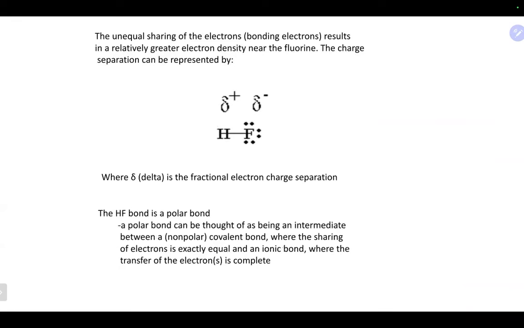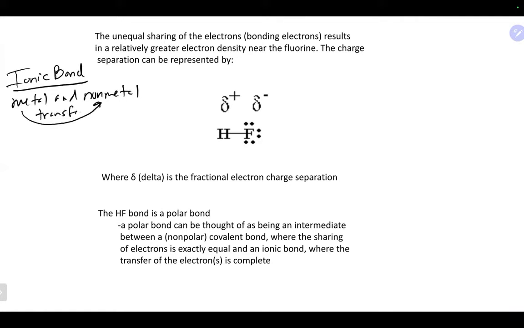So to summarize the three types of bonding that we talked about, on one end of the extreme, we have an ionic bond, which is between a metal and a non-metal. And we have a transfer of electrons from the metal to the non-metal. That results in our ions being formed, our cation and our anion.